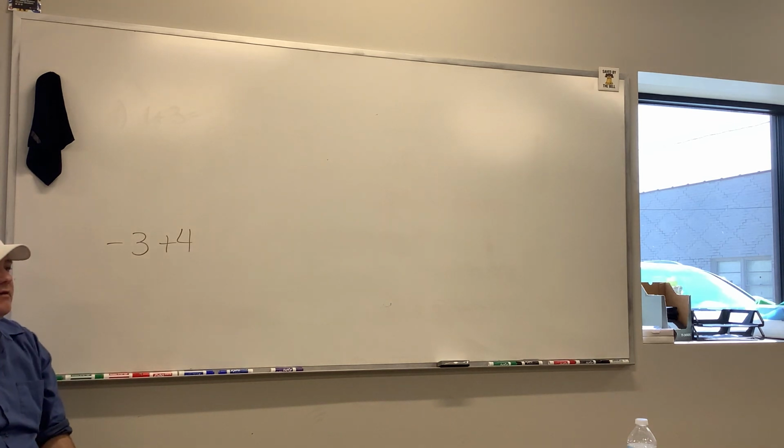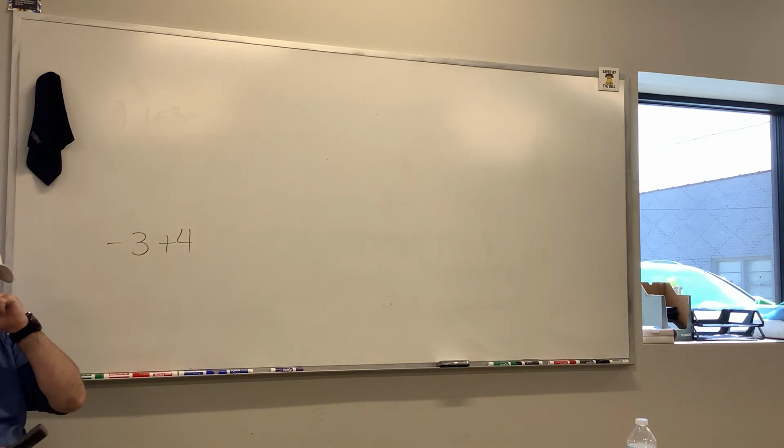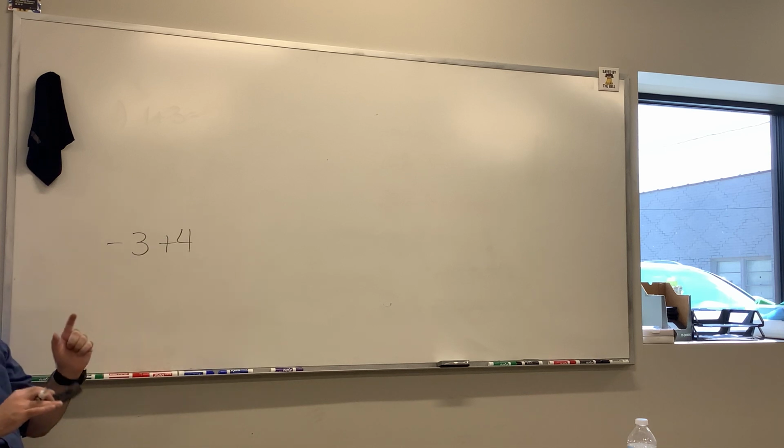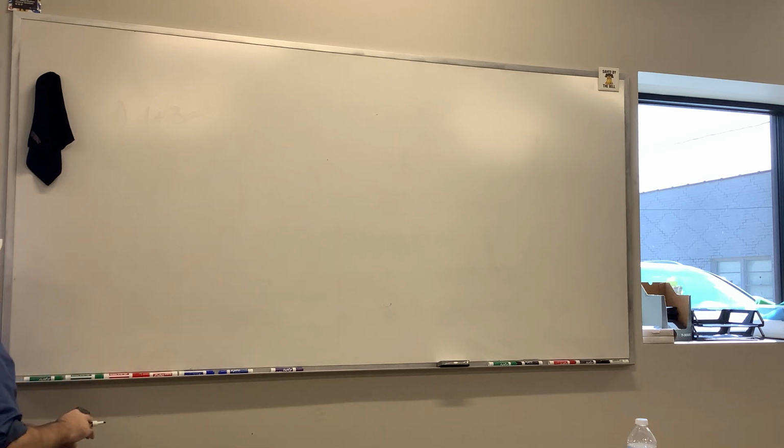Parentheses are used to kind of keep things separate, but yet not change what's going on. And when you get into order of operations later, there is a special characteristic given to parentheses. But as far as what we're using them for here is to kind of keep things separate.